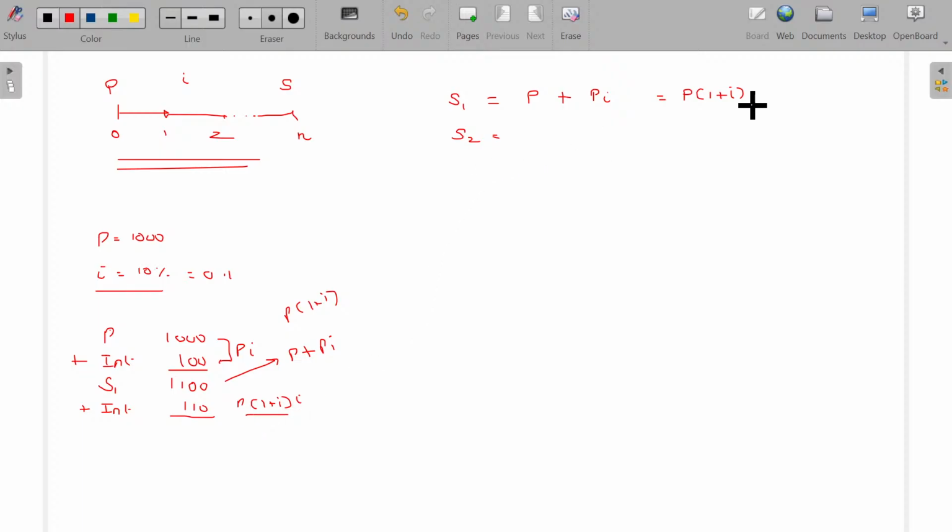P into 1 plus I is the value by the end of first year. With that, I have to add the interest. Interest is nothing but P into 1 plus I into I. Where P into 1 plus I is common, you can take it out.